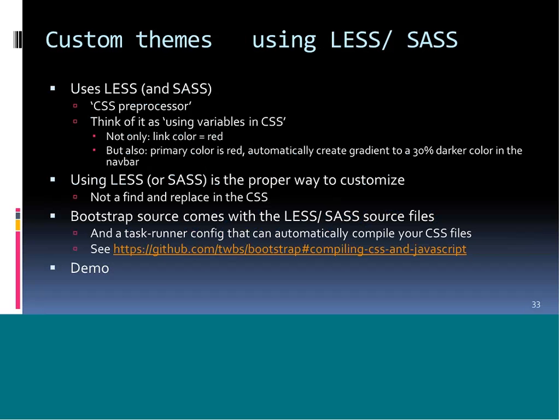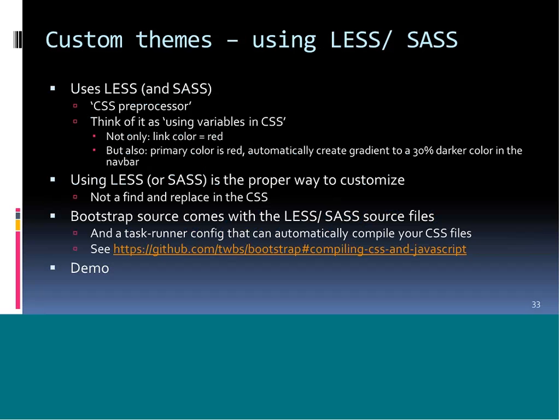My recommendation would be to do that. If you want to change Bootstrap themes, then I would recommend to read up a little bit on LESS, which stands for Linear CSS. LESS is a so-called CSS preprocessor. You can think of it as using variables in CSS files, and it comes with some pretty advanced commands that you can add to your CSS file.